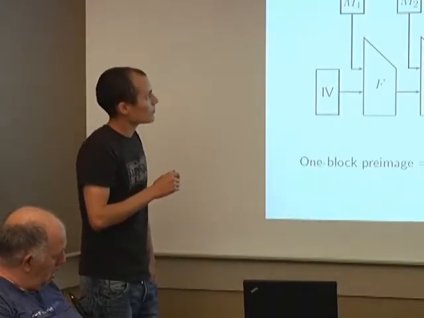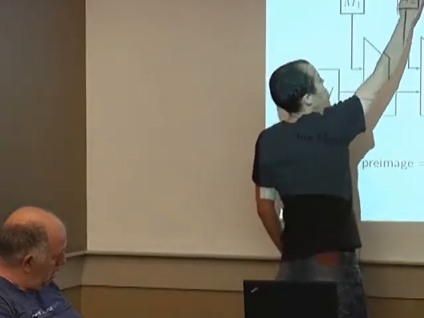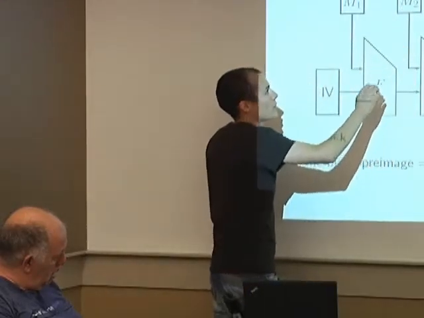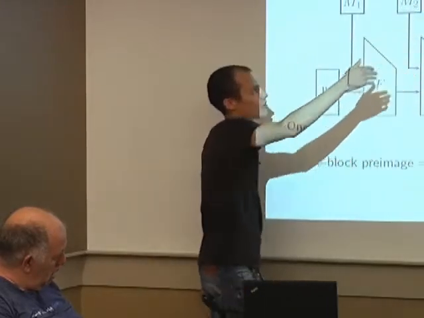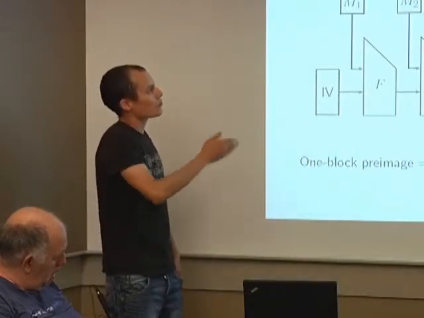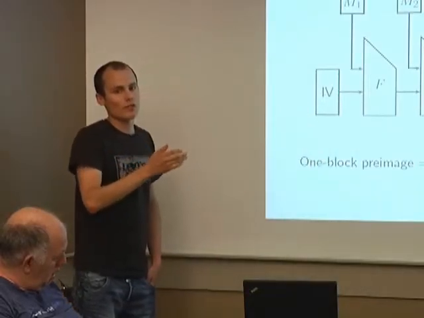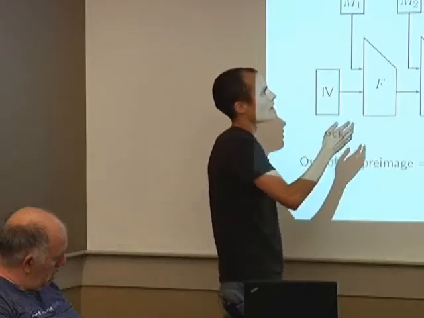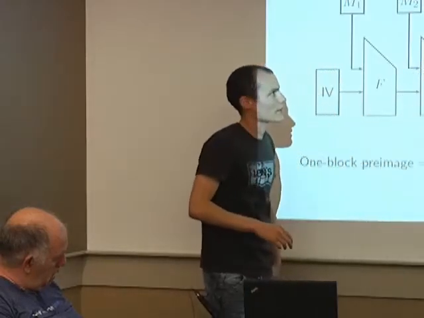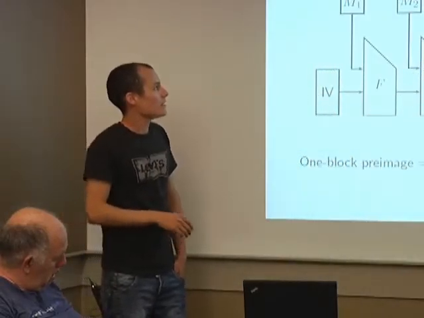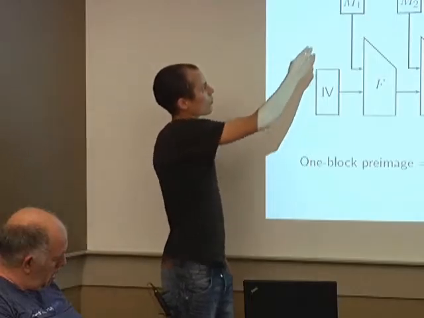What are you doing? You take your message M, you append some bits of padding, and then you cut this message into several blocks. For SHA-1, these blocks have a length of 512 bits. And then you process this message block by block.